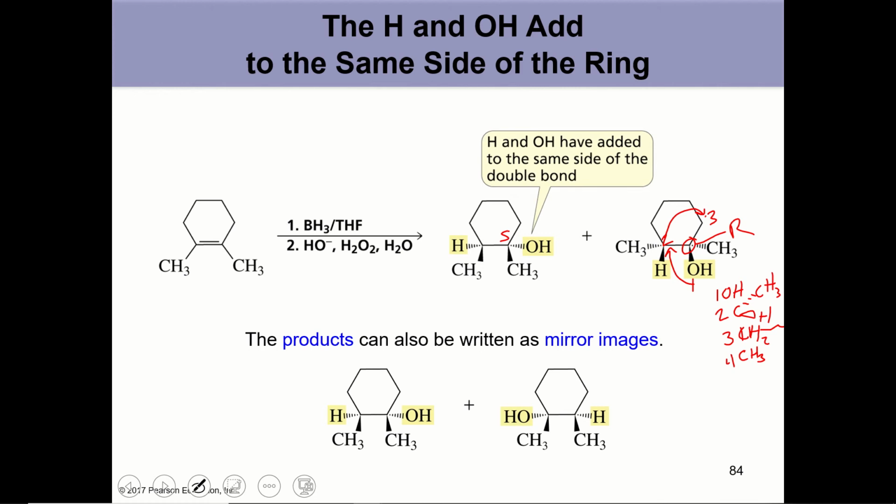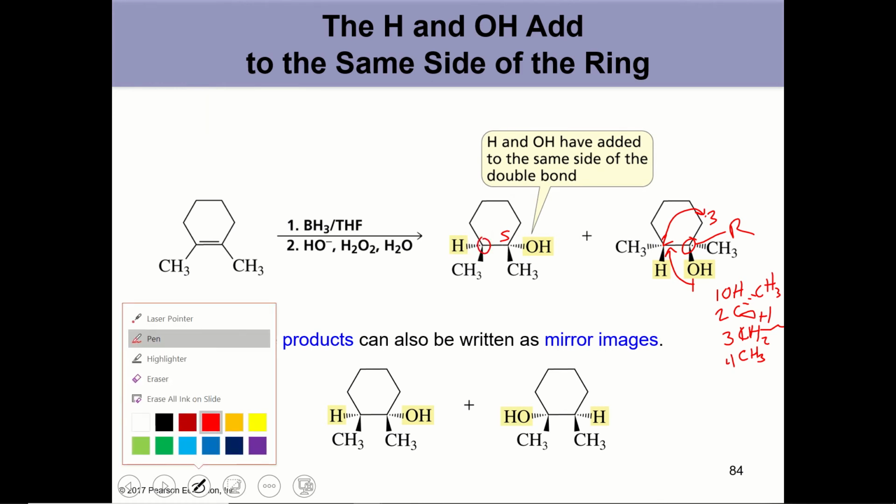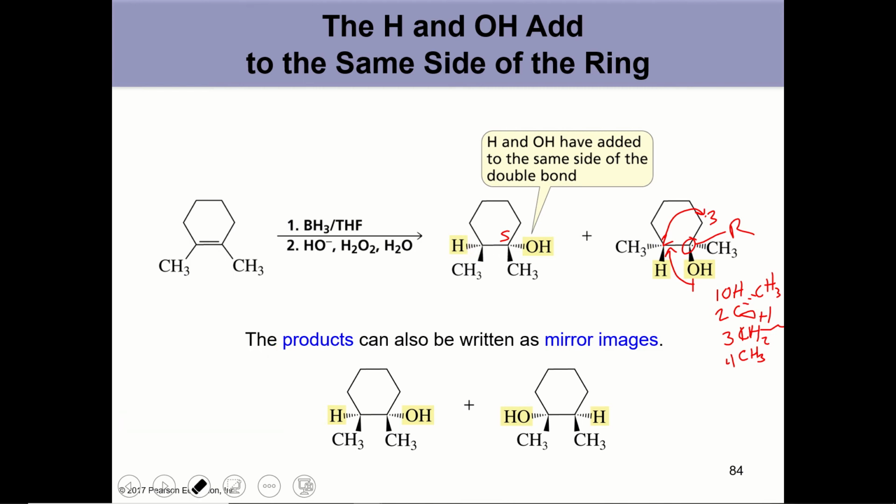And then on this side, this is when this stereocenter, let's use a different color, circled in blue. When we identify that stereocenter, I choose it because the hydrogen is on the hatched wedge.